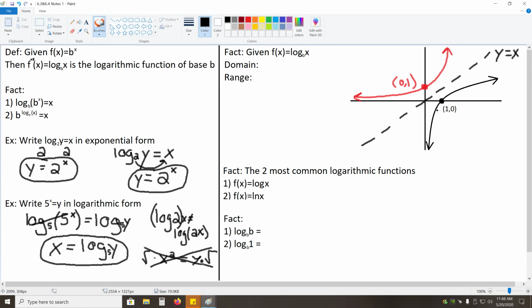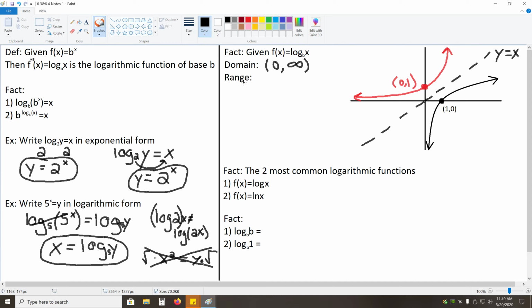So what is the domain of this function here in black? Well, notice it's getting very, very close to the y-axis, but it'll never actually reach it. So we know immediately that in terms of x values, it can never reach 0, and it'll go all the way to the right, which means it goes all the way to positive infinity.